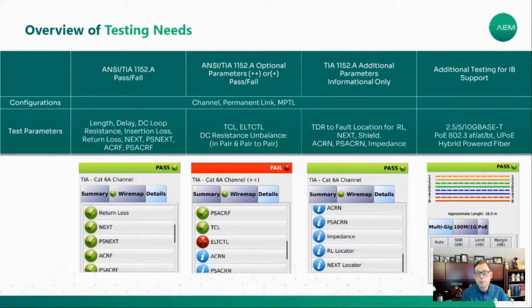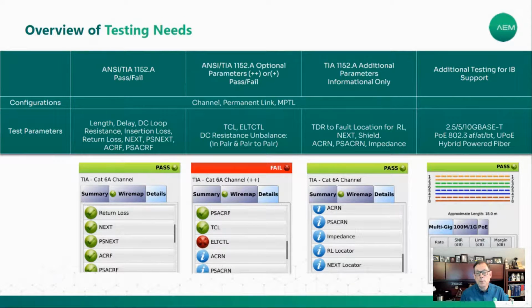Now when you choose the plus parameter on a channel, in addition to those DC resistance unbalance issues, we add something called TCL and ELTCTL. Essentially, just to boil that down, those are tests that determine the noise immunity level of your cable.